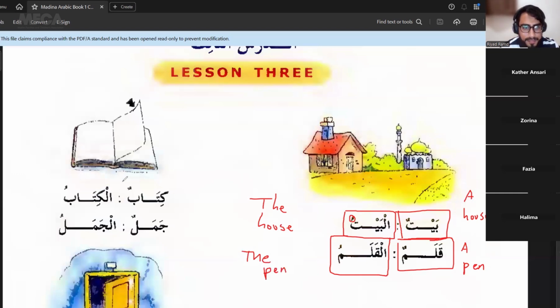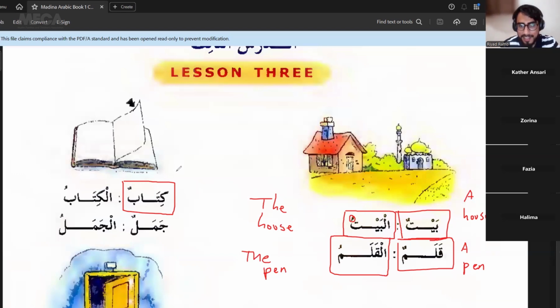Okay, over here. Kitabun. Qalamu, the pen. Qalamun. How do I say a book? Kitabun. Kitabun is a book. I heard someone say kitabu. Al-kitabu is the book.